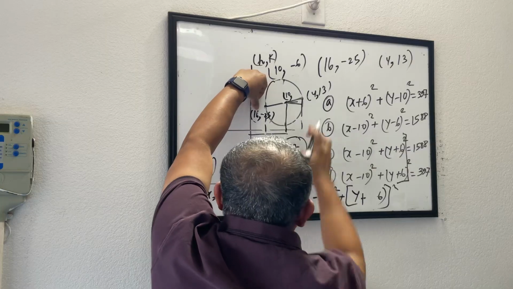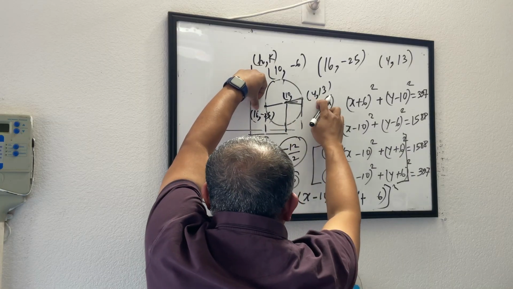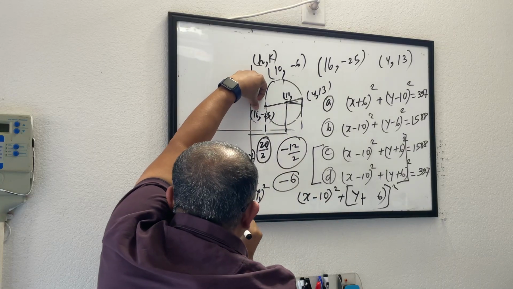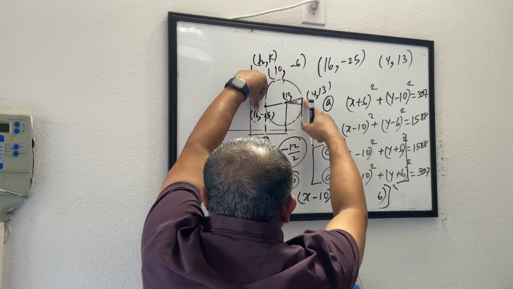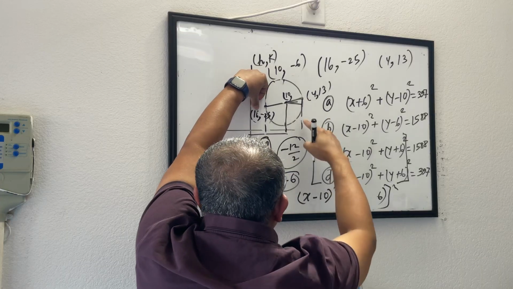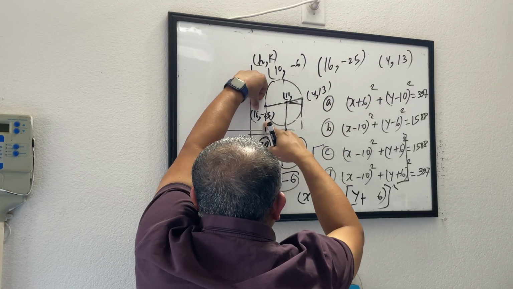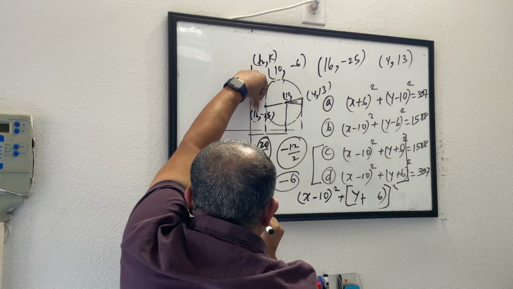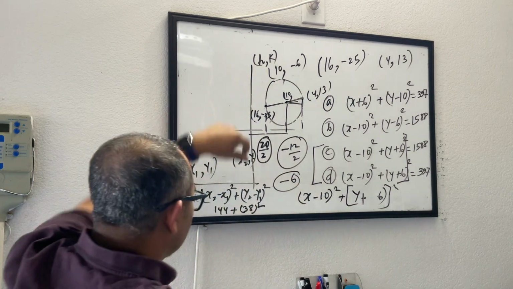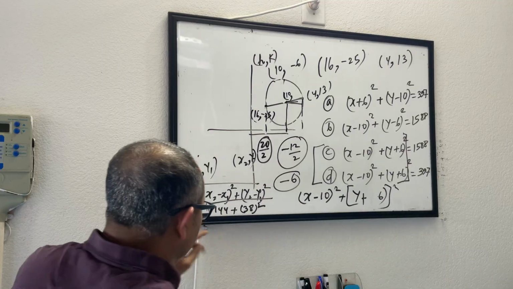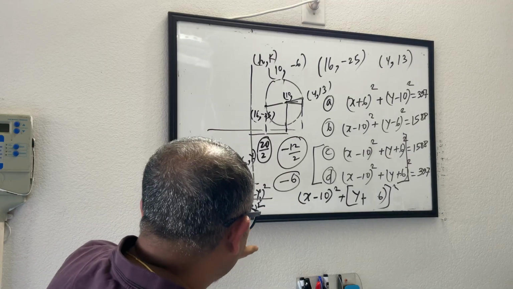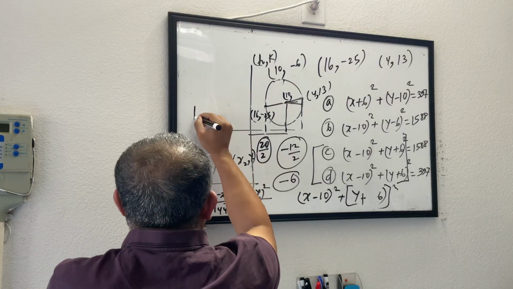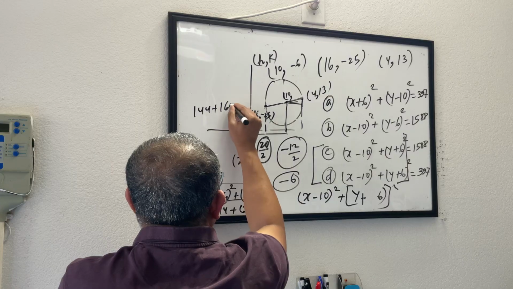Let's say this is x1, this is x2. x2 minus x1: 4 minus 16 is minus 12, square, 144. Plus y2 minus y1 square. y2 is 13 minus minus 25, so it becomes 13 plus 25 is 38. 38 square, let's round 38 to 40, so this becomes 1600. 144 plus 1600 is 1700.